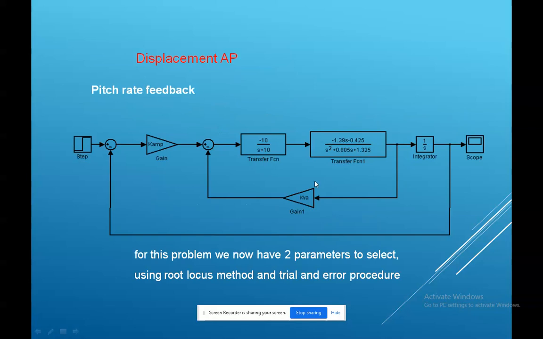Here you will have the pitch rate feedback. Two parameters need to be selected, using the root locus method and the trial and error procedure. That's why you are going to give two feedbacks: the first feedback is given to the gyroscope, and the second feedback to the amplifier.